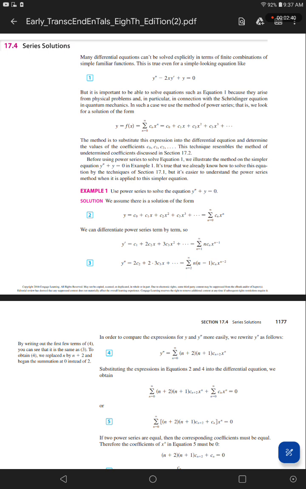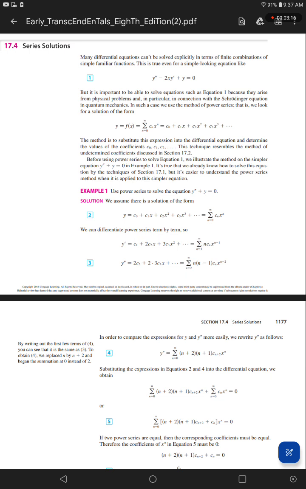We can differentiate power series term by term, so y prime equals c sub 1 plus 2 c sub 2 x plus 3 c sub 3 x squared plus ellipsis equals the sum from n equals 1 to infinity of n times c sub n x to the power n minus 1.